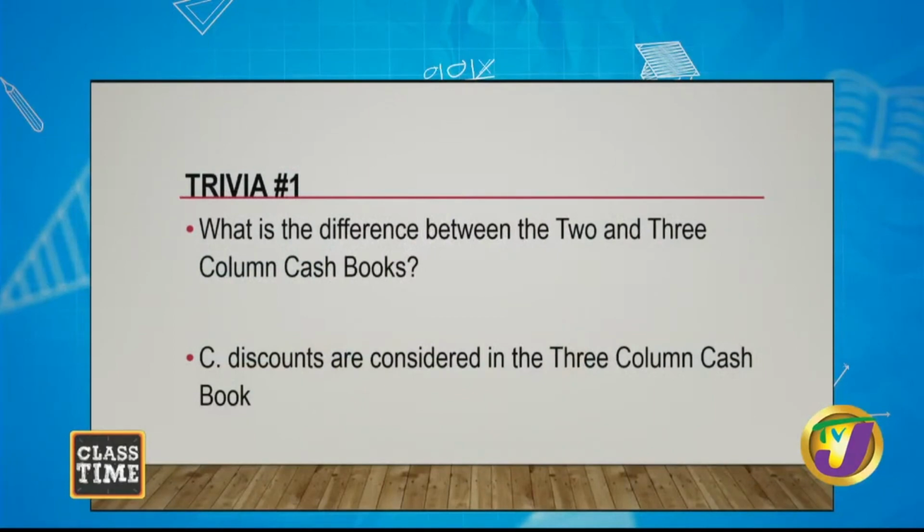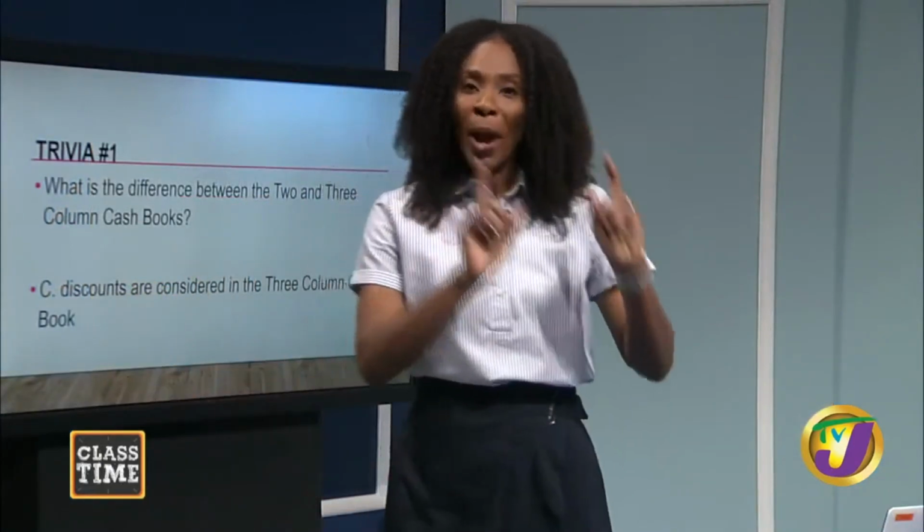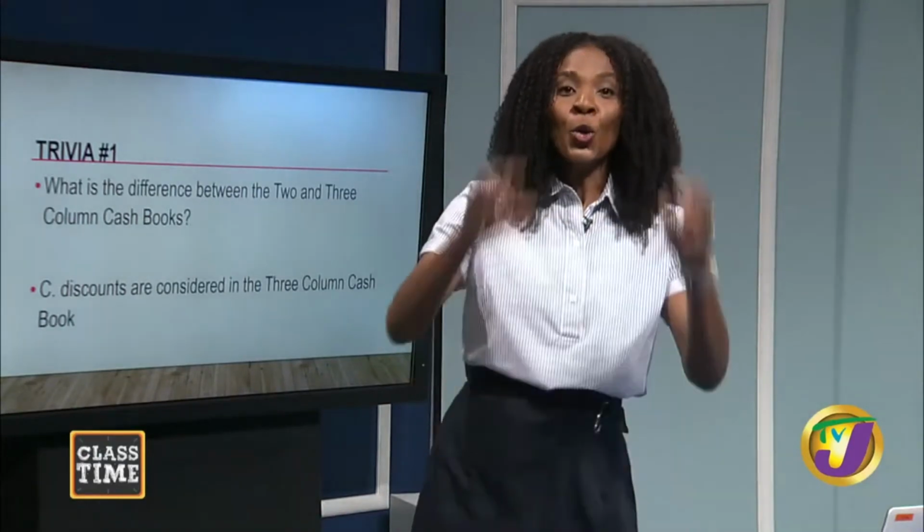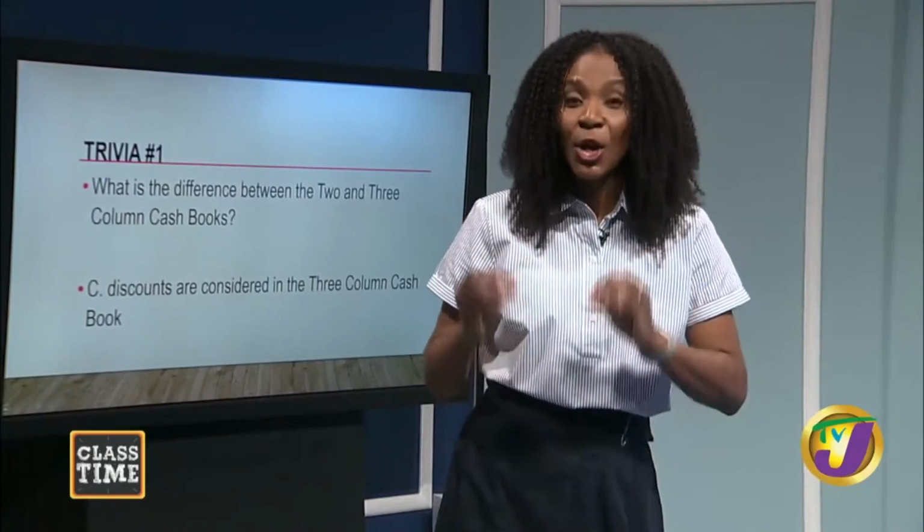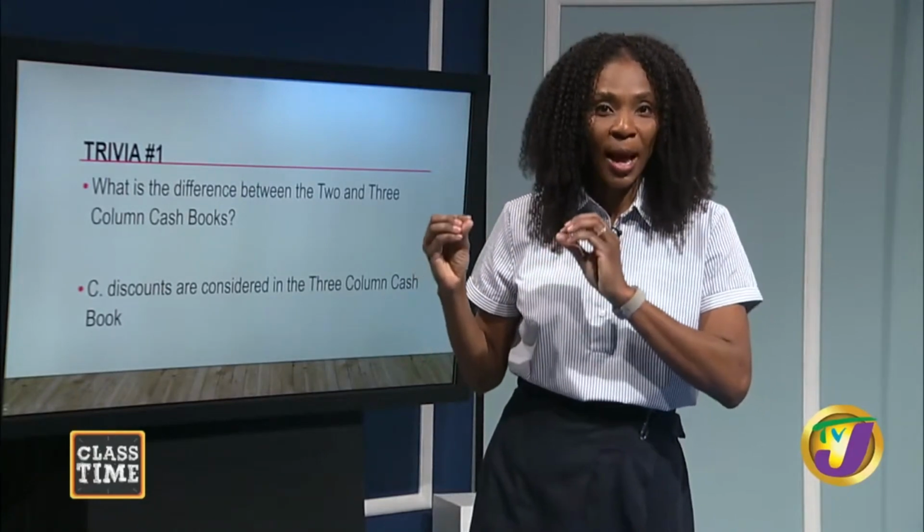So you will need to remember that once it is stated in percentage, you will have to calculate. If it's 2% that is given, you say 2 out of 100 times whatever money was owed. When you work that out, that is not the answer. You will now subtract that from the original sum that was owed, and that will be your discounted amount.